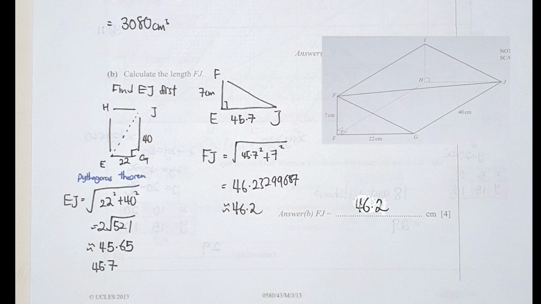Your final value of EJ is actually 2 square root 521, which is equivalent to 45.7 cm, and use the 45.7 cm with the 7 cm height. You can now calculate the FJ value as 46.2.